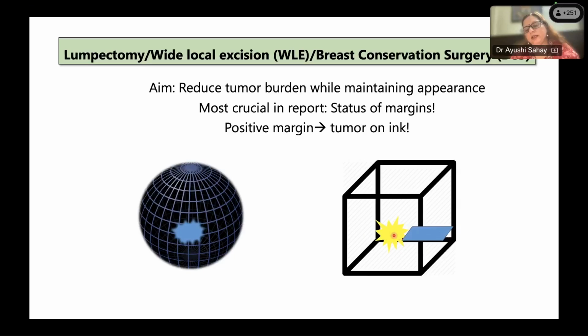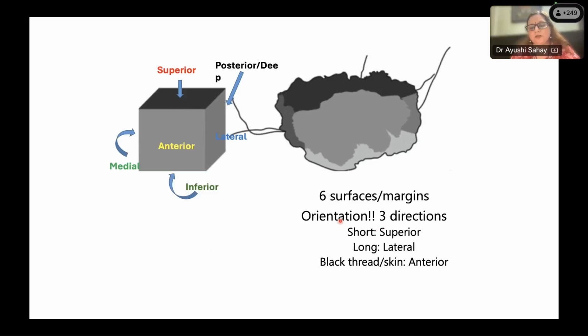So we can see the tumor and the margin preferably in the same section, and we can not just see if it is free or not, we can also measure the distance between them. You will have 6 surfaces: superior, inferior, medial, lateral, anterior, and posterior. So 6 surfaces to sample and 6 margins.